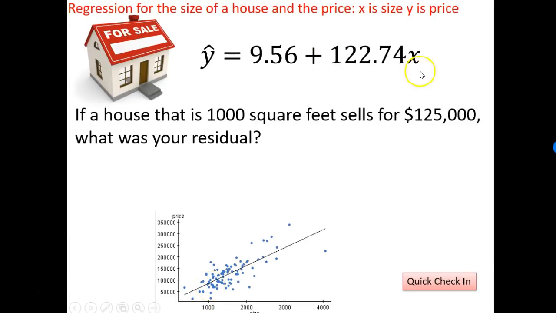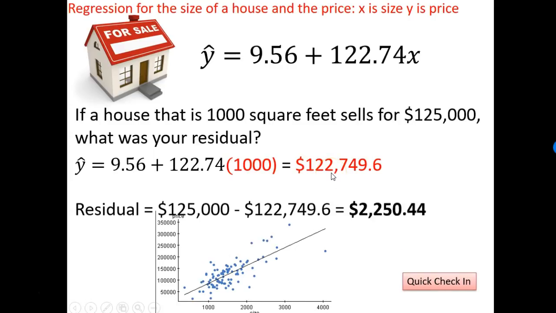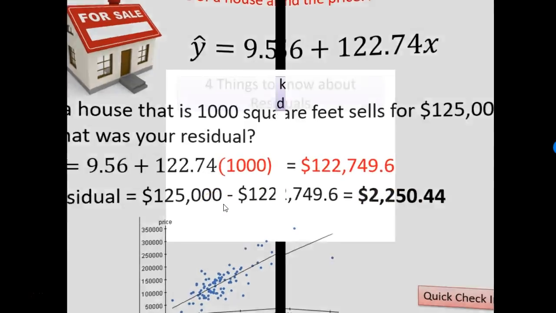Let's put it into this equation to find it. So you stick the X value into the equation. We get this as our predicted amount, and then you go to the residual equation, which is our actual 125 minus our predicted, and here is the residual right there. So that would be the distance between predicted and actual.